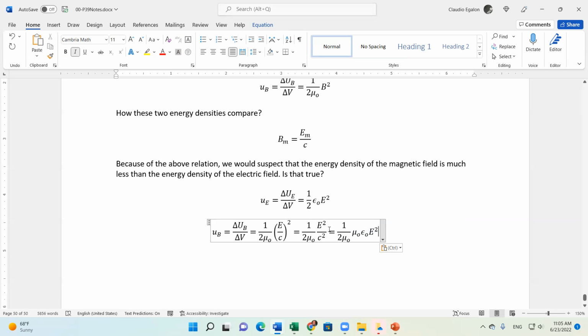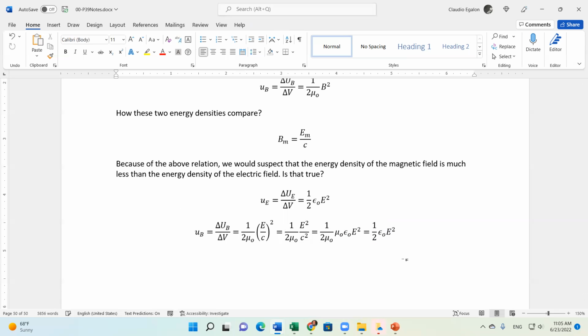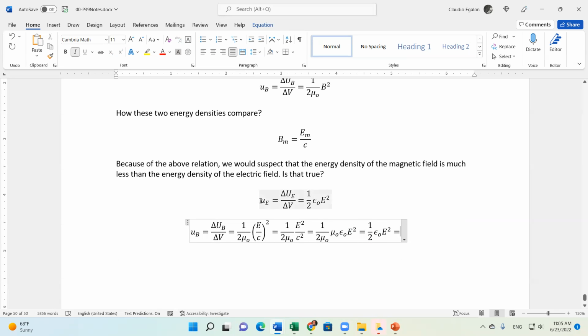Let's see what's going to be the next step. Okay, so look what happened. That suspicion of ours proved to be incorrect. Instead, we found out that the energy density of the magnetic field is the same as the energy density of the electric field.